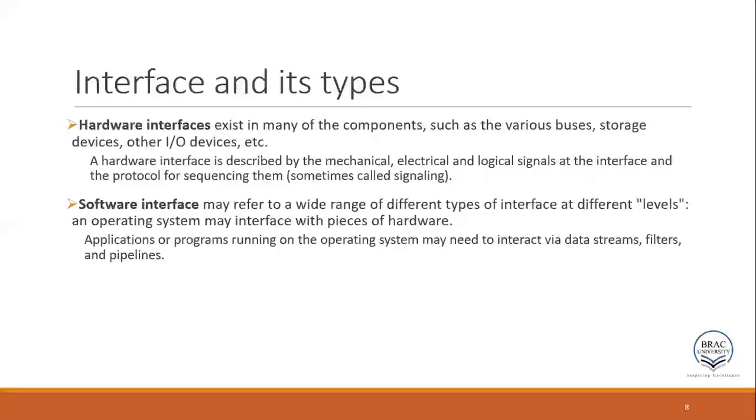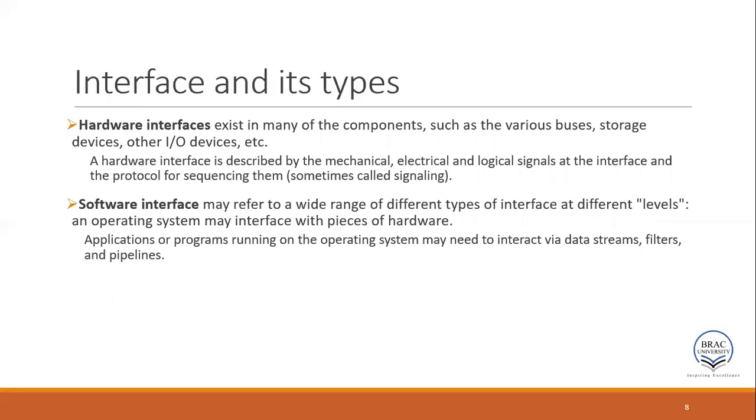Interface can be classified into hardware and software interface. Hardware interfaces exist in many of the components, such as various buses, storage systems, and other I/O devices, etc. Let me give an example.